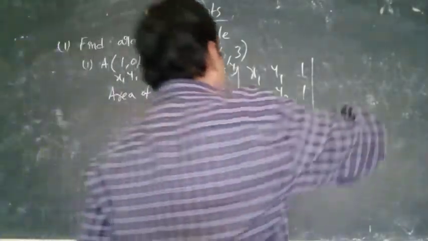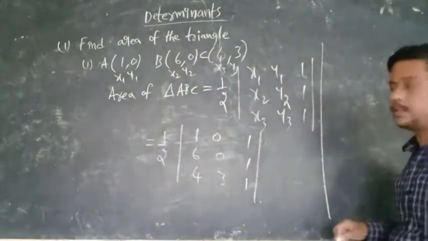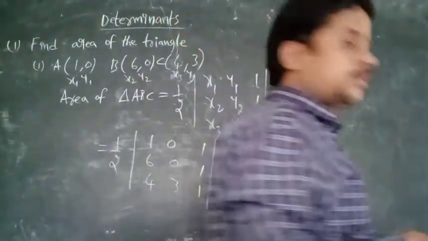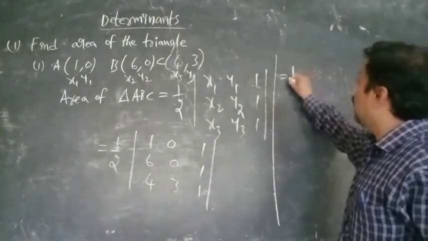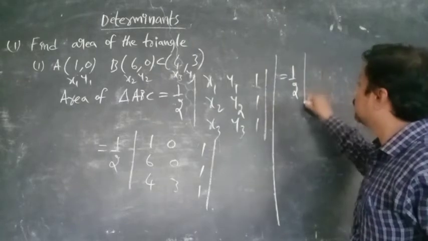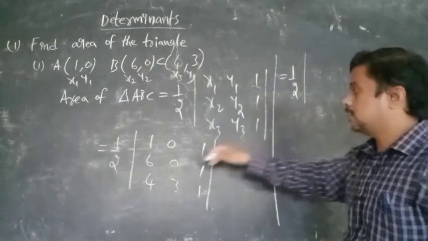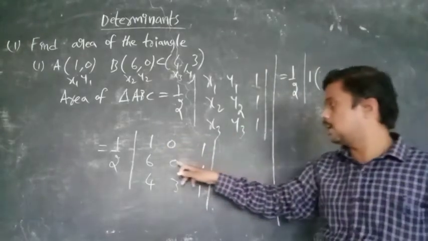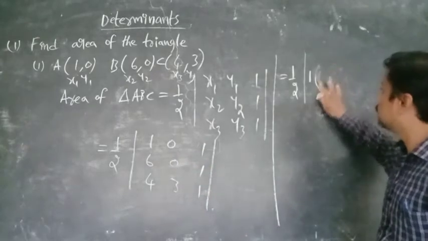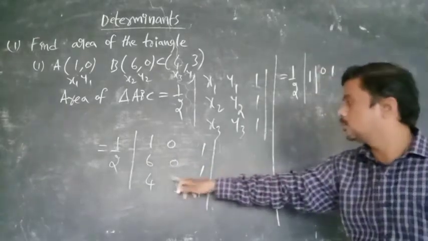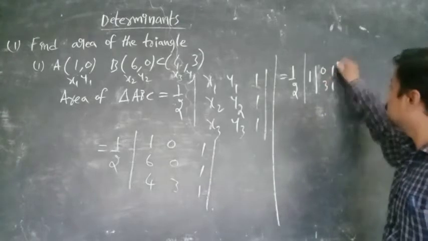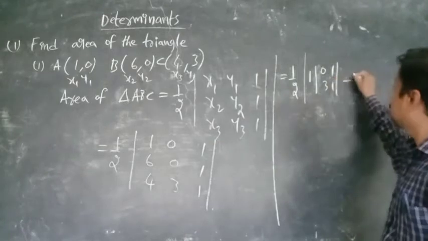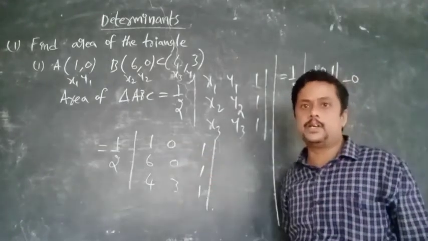How to calculate the determinant? Area is equal to half into, take the first row: 1 into the minor with 0 1, 3 1, then minus 0 into anything, which is 0.